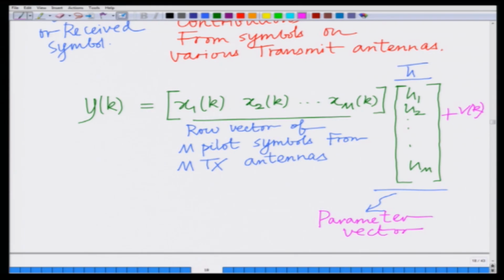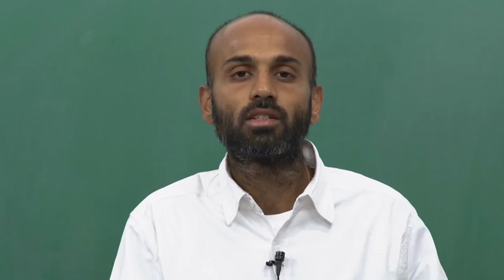So, we have yk is basically the received symbol, which is equal to the row vector of pilot symbols transmitted at time instant k from the m transmit antennas, times the column vector of the channel coefficients h1, h2 up to hm, which we are denoting by the vector h bar, plus Vk, which is the noise sample.